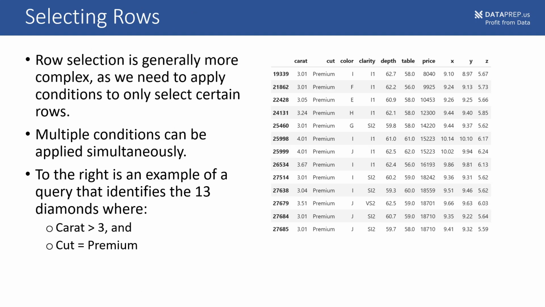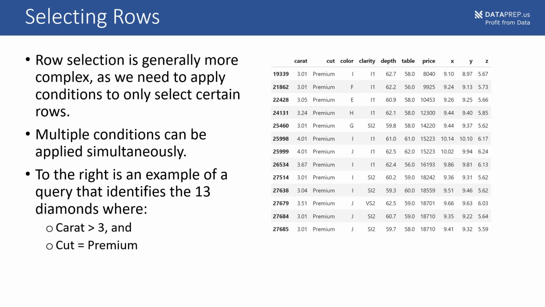Selecting rows, however, can get a little more complex and involved. This is often known as querying data or filtering. And here you have to specify conditions for different rows that must be satisfied before the row is returned in your query.